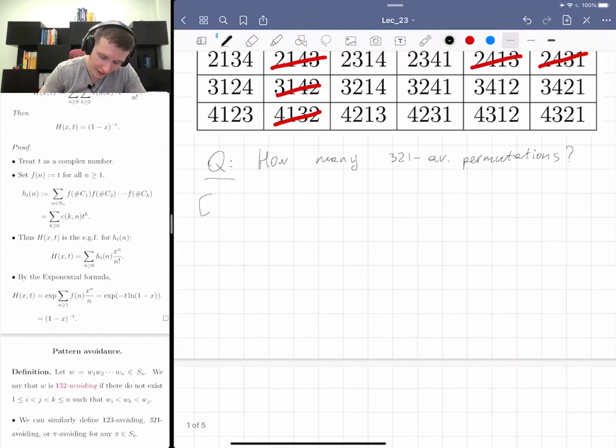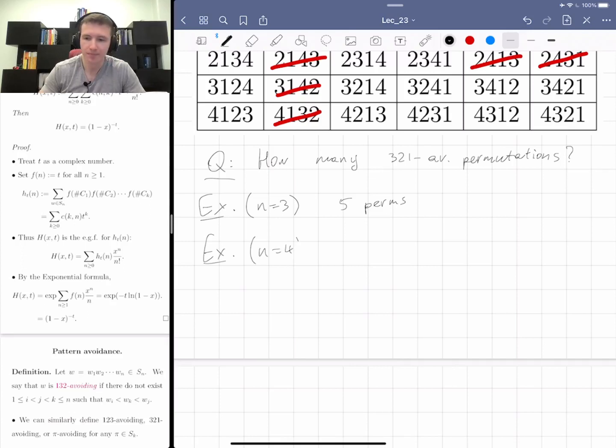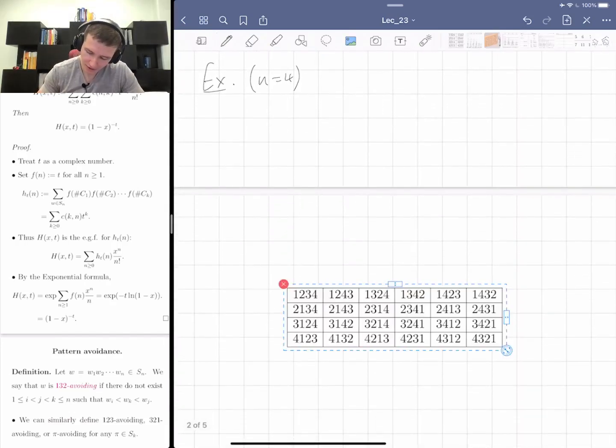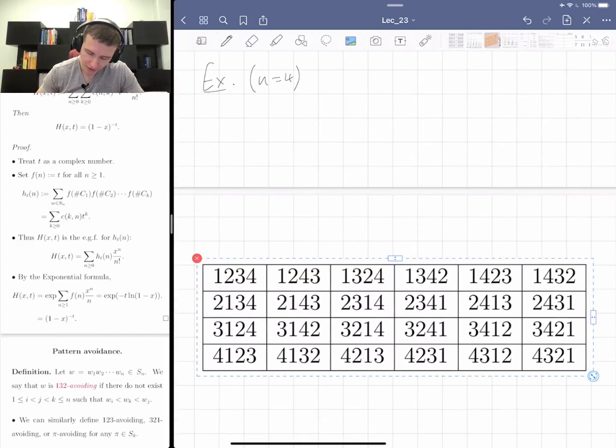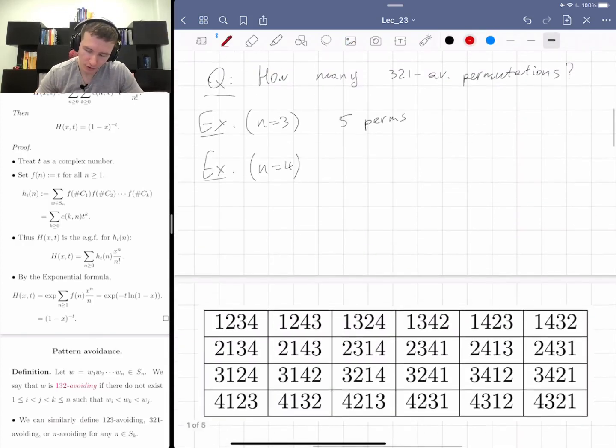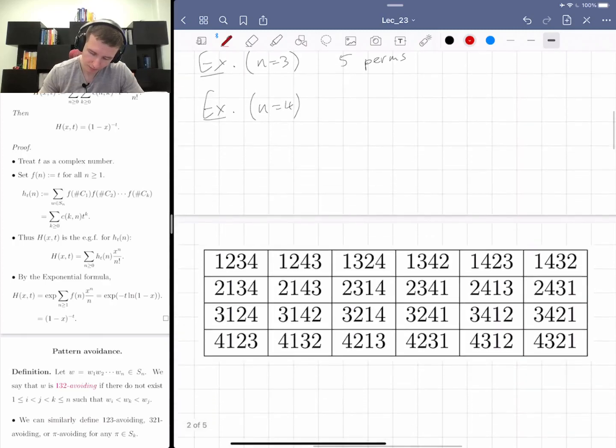That's nice. So for example, for n equals 3, the answer is 5 permutations. And what about n equals 4? So let's see. For n equals 4, I'm looking for the occurrences of 3, 2, 1.